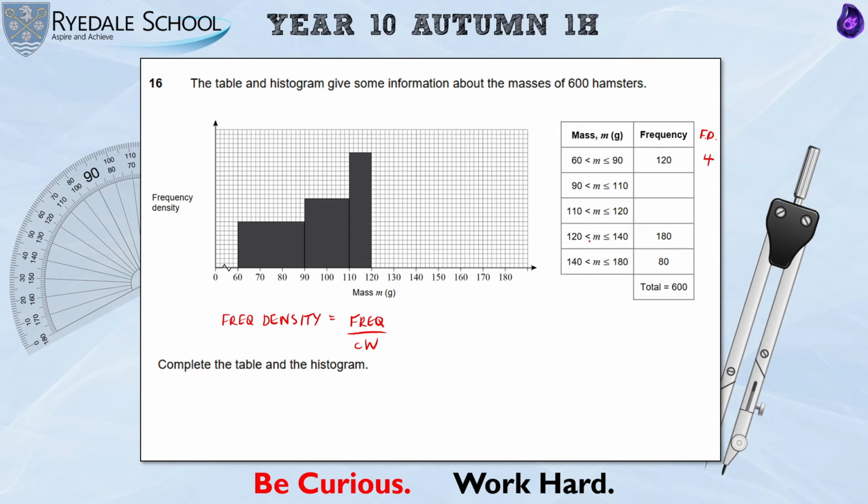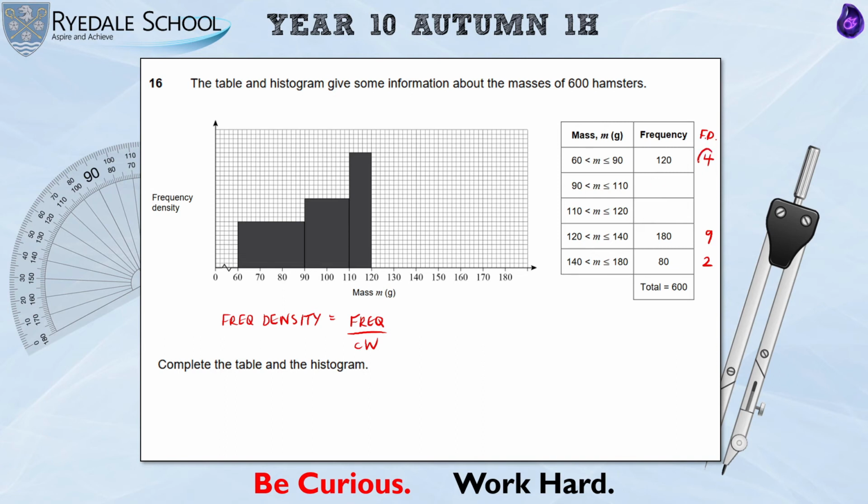This is 180, that class width is 20, 180 divided by 20 is 9. And this one is 140 to 180, the class width is 40. So we've got 80 divided by 40, which is 2. So how does this help us out?